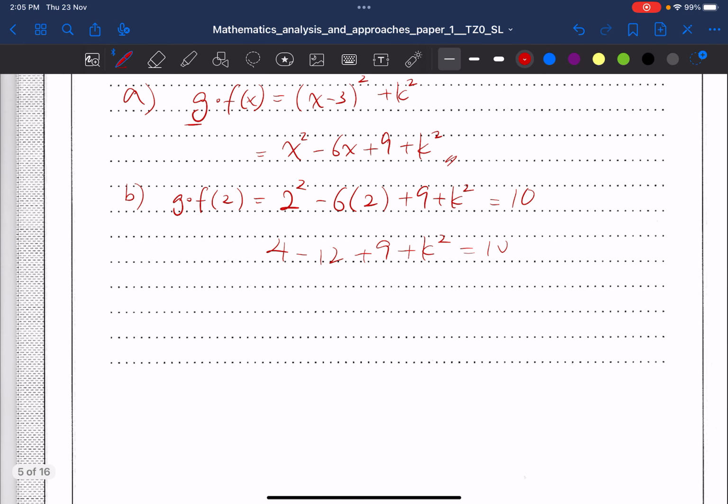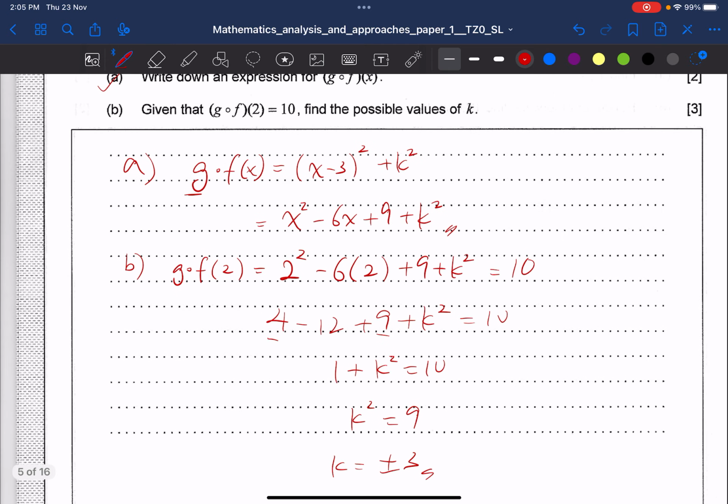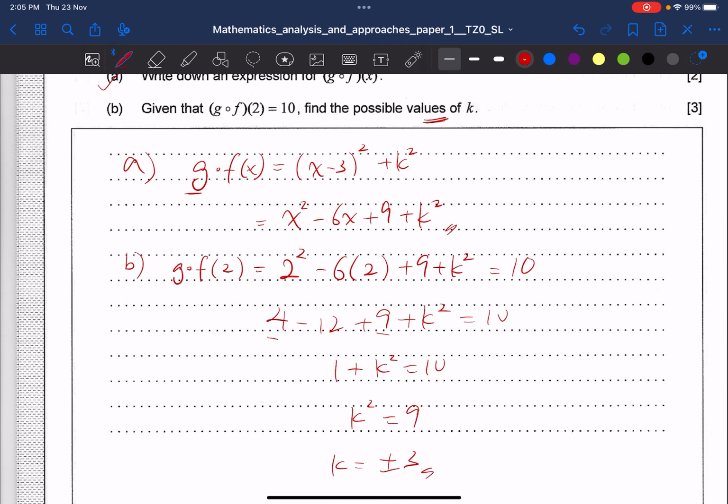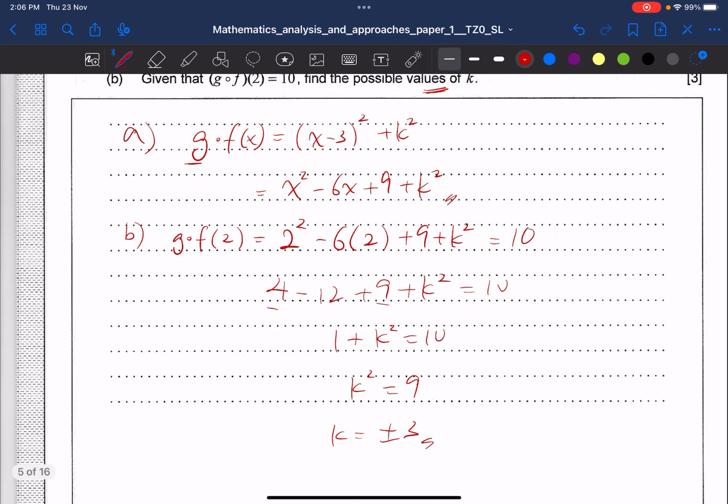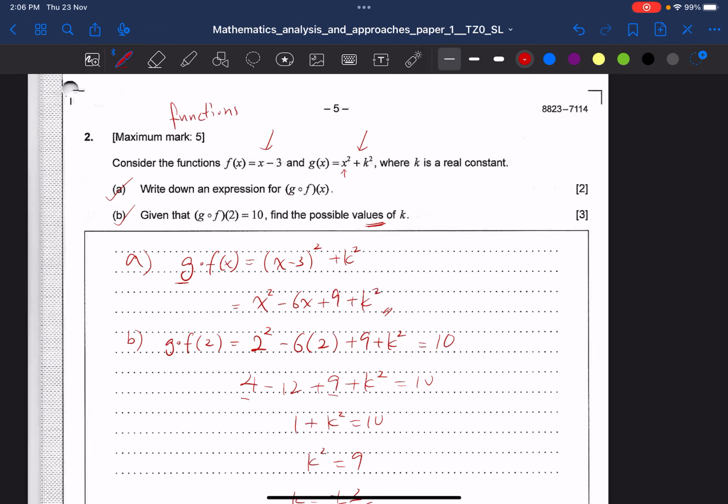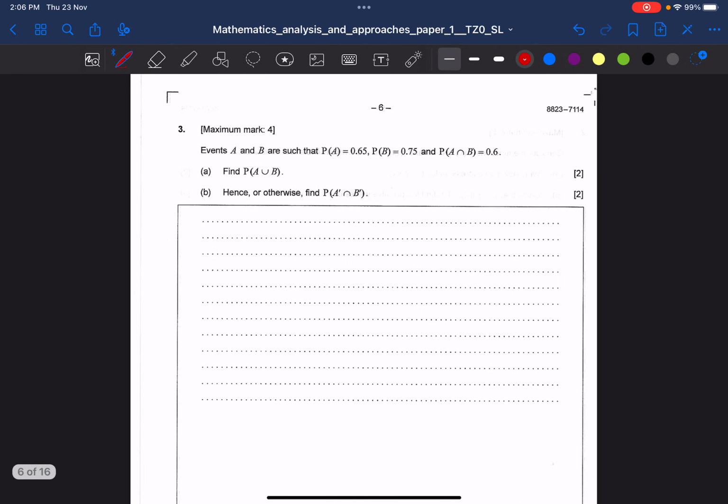Let's do them one by one: 4 plus 9 is 13, 13 minus 12 is 1, and k squared equals 9. So k would be plus or minus 3. They ask for possible values, so make sure to pick up the grammar here. I think that's perfect, a simple question. So question 2 is done.